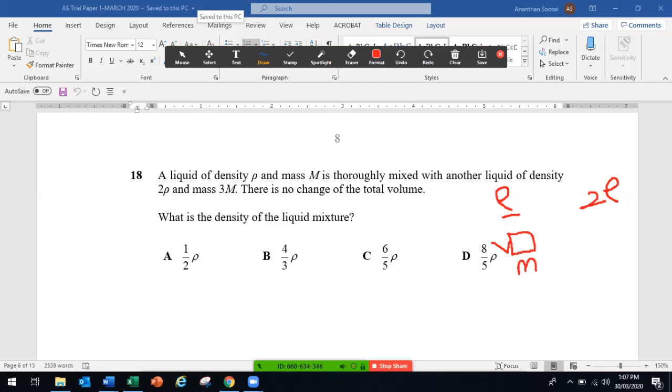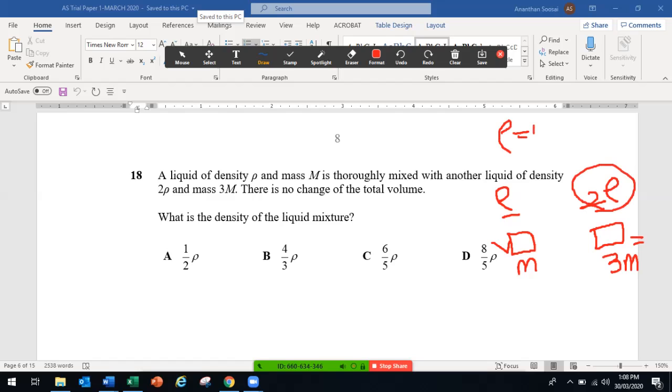Now the 2 rho liquid has mass 3m. How many V is that?